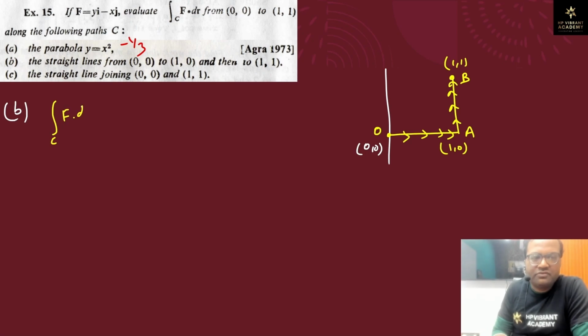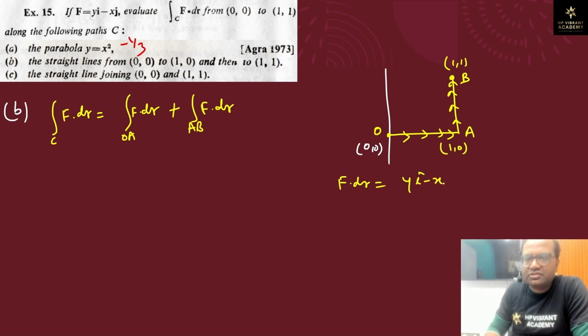Along the curve C, f dot dr is equal to along OA f dot dr plus along AB f dot dr. Okay, so we have the value of f dot dr as y i cap minus x j cap, dot product with dr, we can write it as dx i cap plus dy j cap.